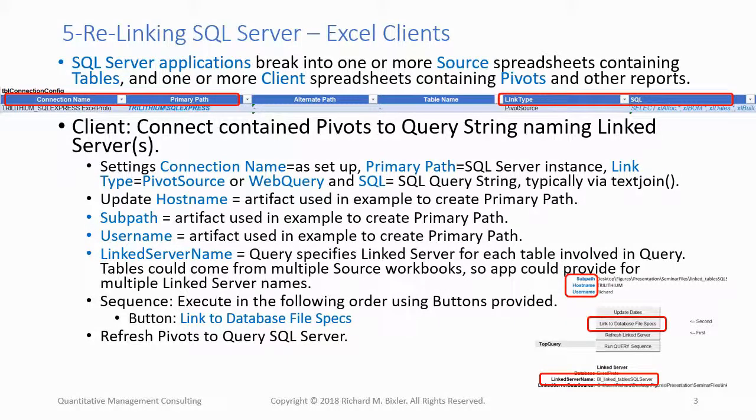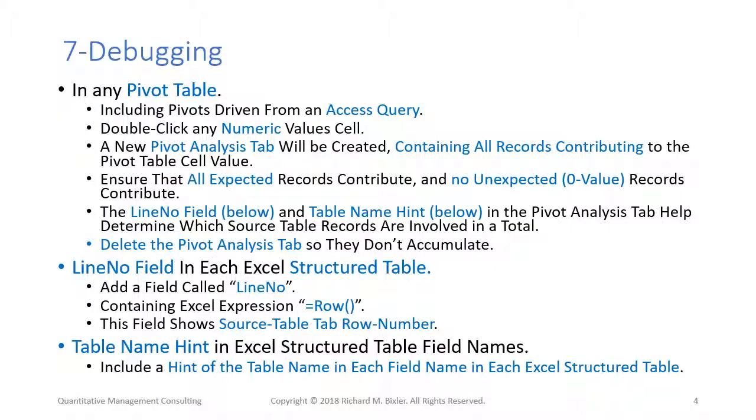dbo.spname. Several debugging tips. In a pivot table, you can double-click any numeric values cell, and a new Pivot Analysis tab will be created, showing all fields from all records contributing to the double-clicked cell value. You can use this to make sure that all expected records contribute and that no unexpected values contribute.